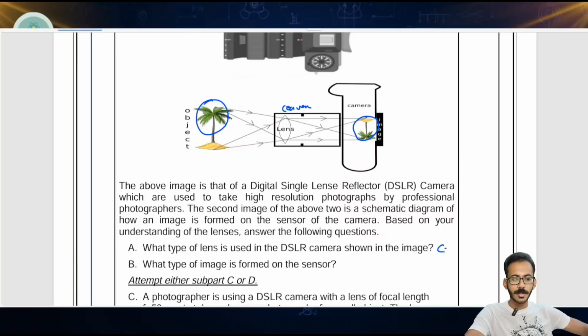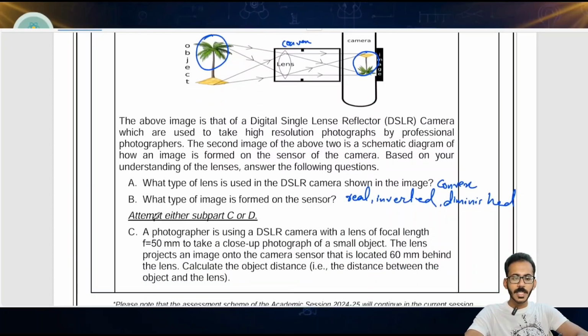As we told just now, it is convex lens. What type of image is formed on the sensor? It is real, is inverted, and is diminished. Real, inverted and diminished. Okay.